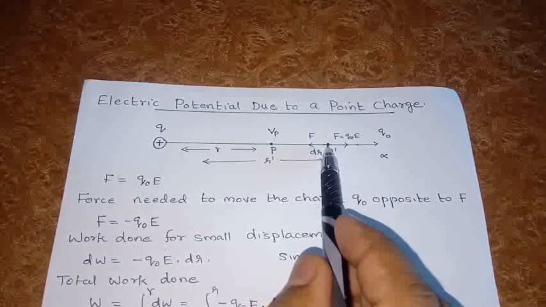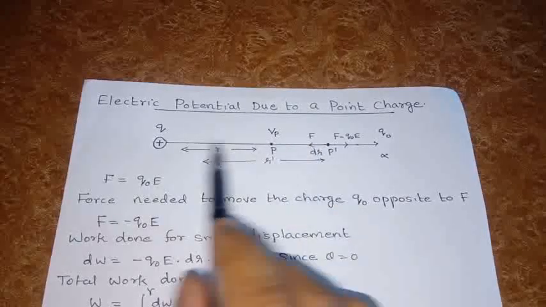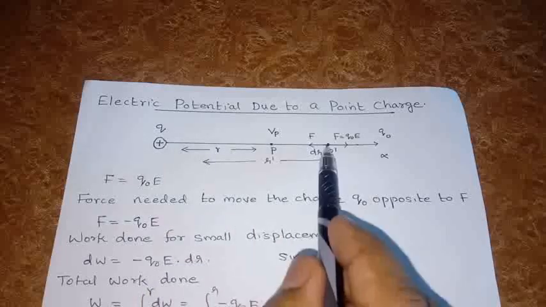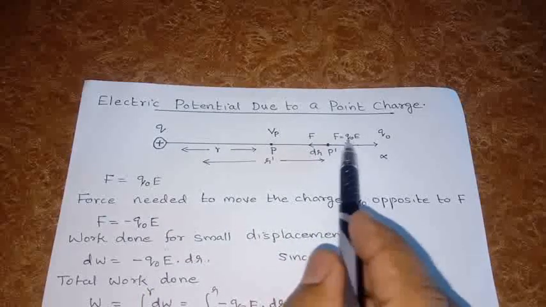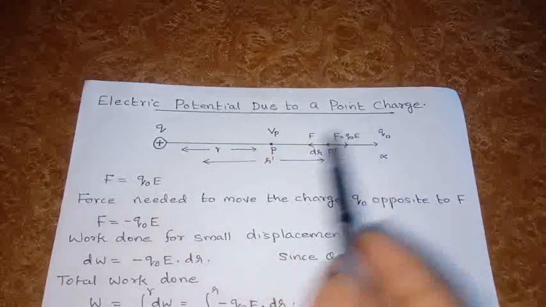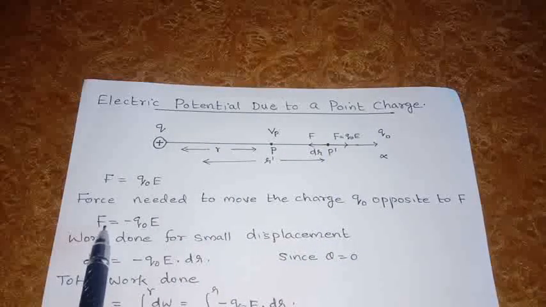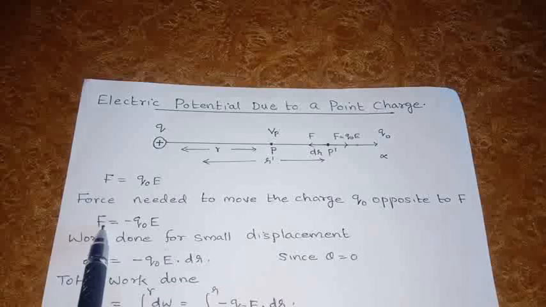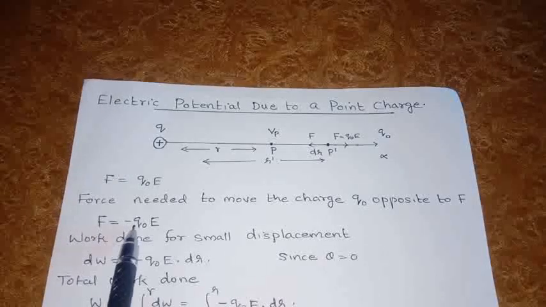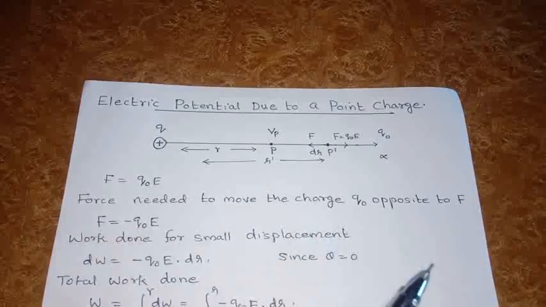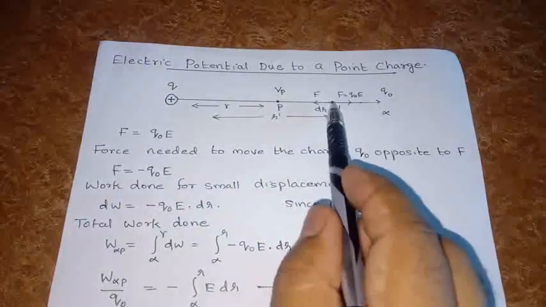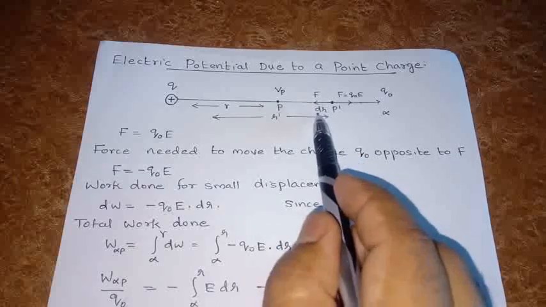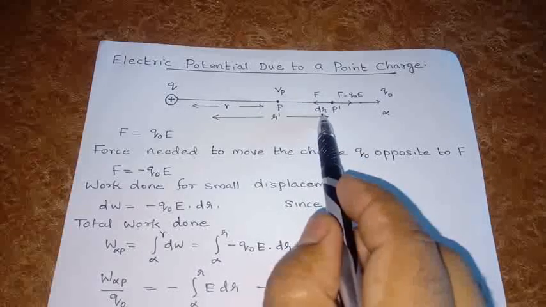Now in order to move it further forward towards source charge q, I have to apply an external force, at least equal and opposite. Therefore, the force given externally to move the charge q0 opposite to the electric field is F is equal to minus q0 times E. By giving that much force, let us assume that the charge is displaced further through a small distance dr.